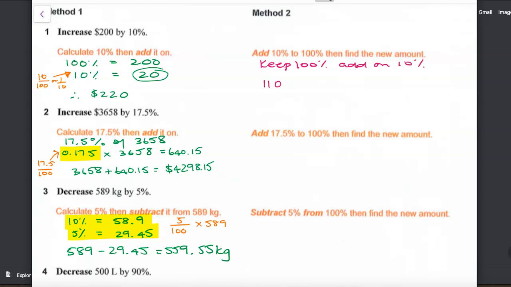So really, I want to work out 110% of $200. So really, I want 110 out of 100, lots of $200. So I could grab my calculator and put this in. I could also write this as 1.10 lots of 200. And I know my answer should be greater than 200 because I'm increasing it. So 1.1 lots of 200 gives me $220.